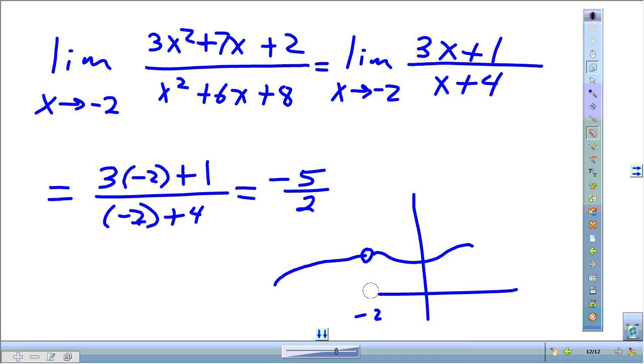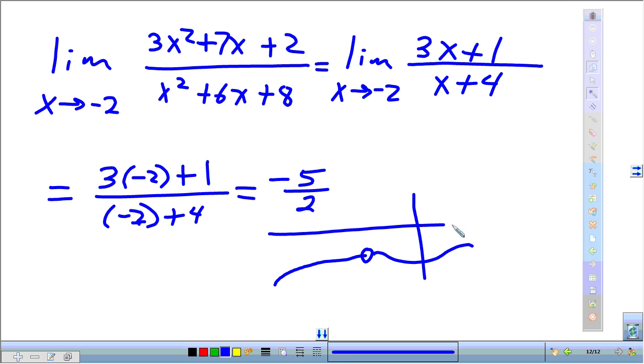I suppose it would look a little better if I at least made the hole at minus 2 negative instead of positive.